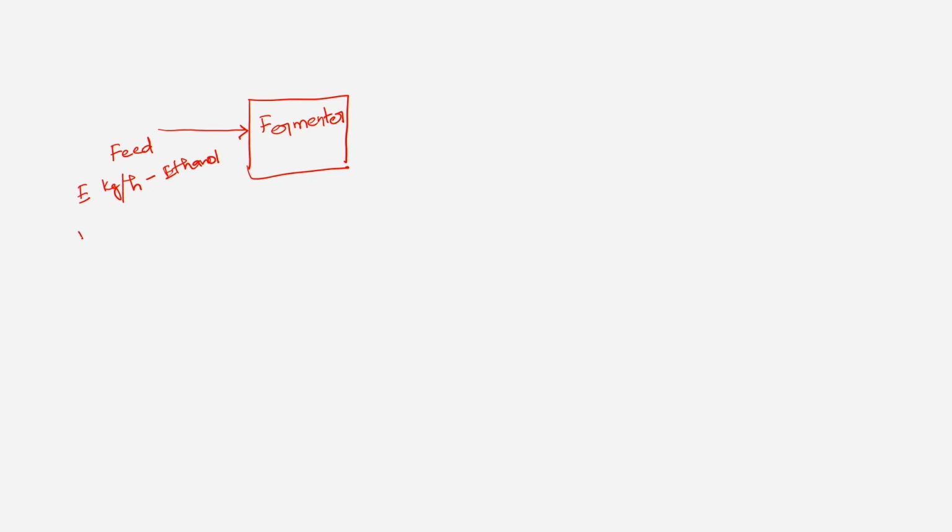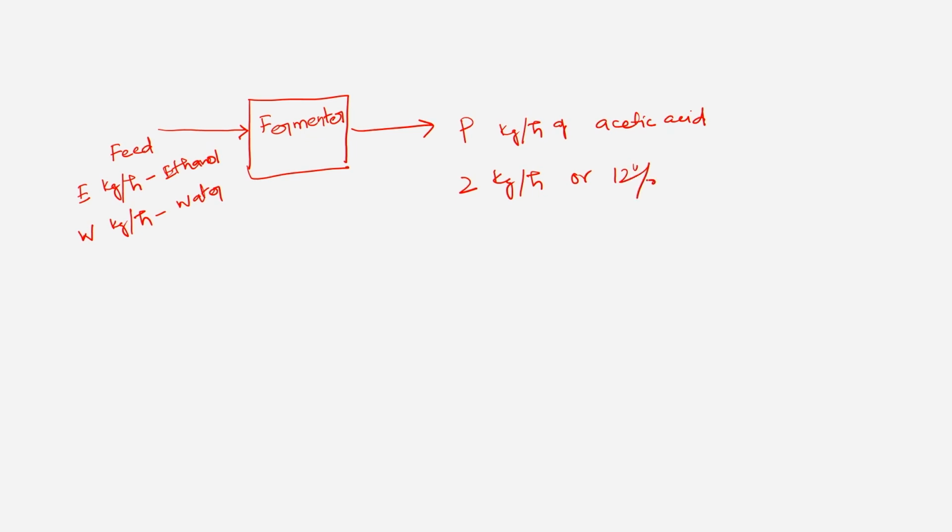At the same time, it will also have W kg per hour of water. What is your product? Your product stream is P kg per hour of acetic acid, and that is given as 2 kg per hour or 12%.